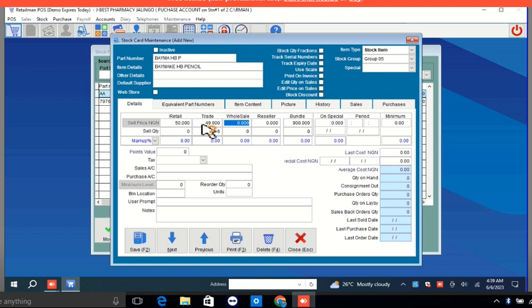Then I come here and say 47 for people that are buying from 12. Then we are setting up 45 for people that are buying from 24.